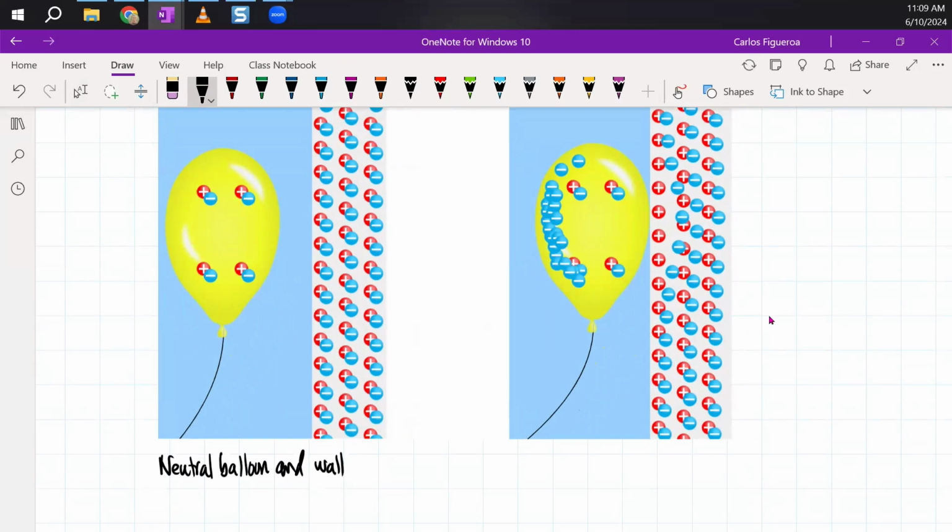Then what I did here is that this guy here, right? So now what we say here is that this is a negatively charged balloon. And what you're seeing here is that you are now polarizing the wall.